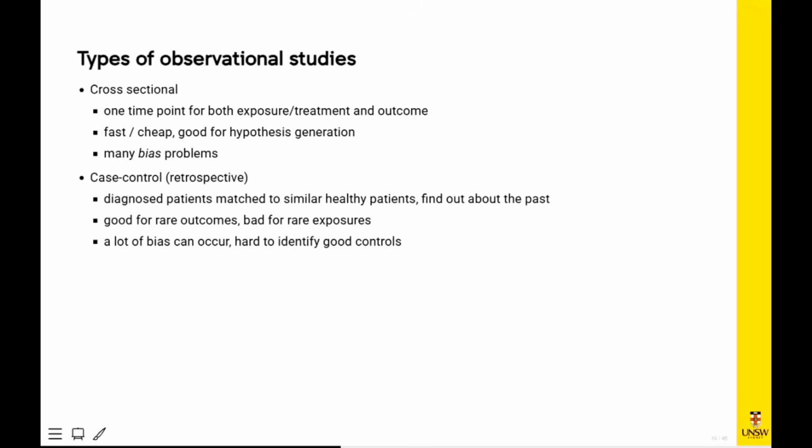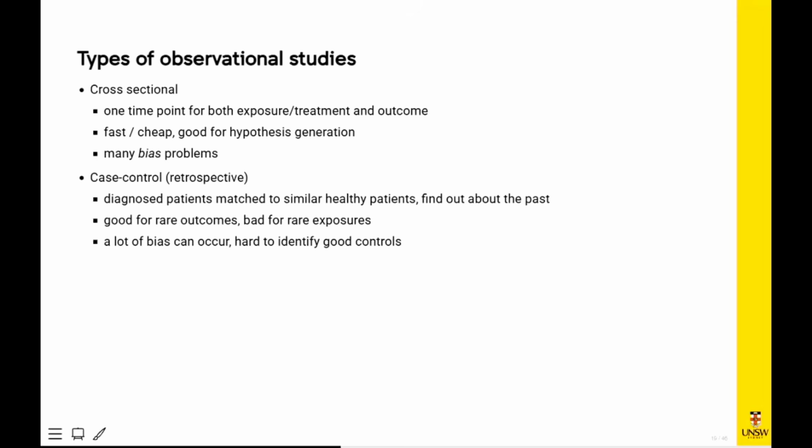So it's good for rare outcomes because you get all of the information that you need, but it's bad for rare exposures. So think about that if your research question is focusing on a rare outcome or a rare exposure.